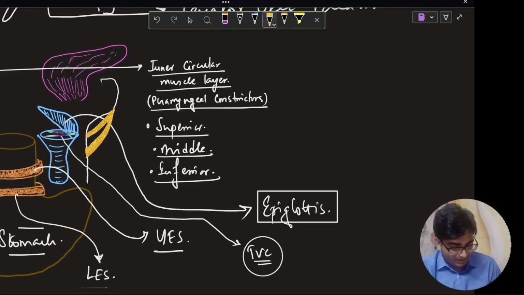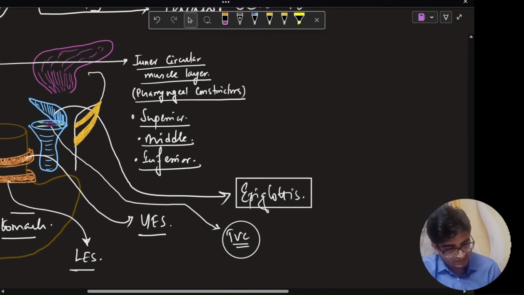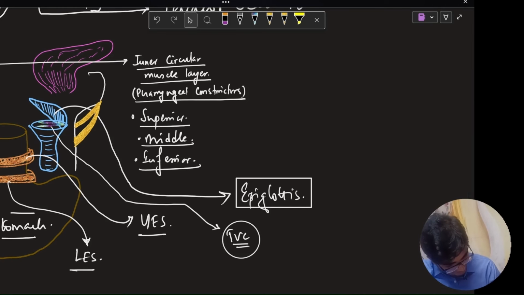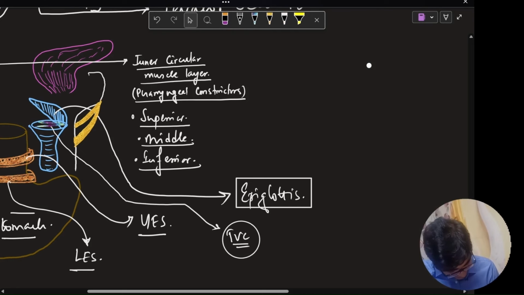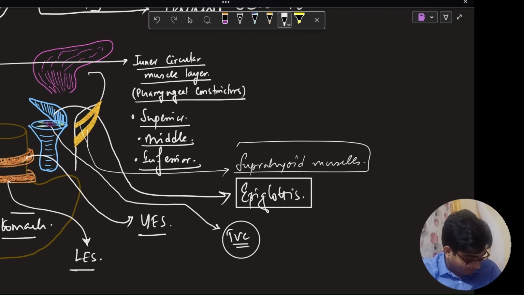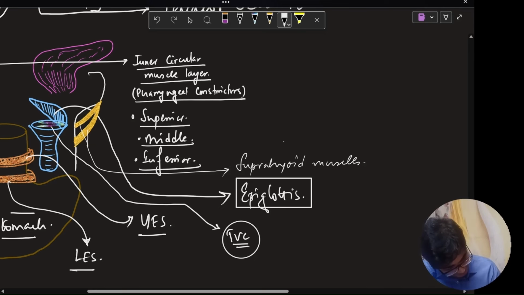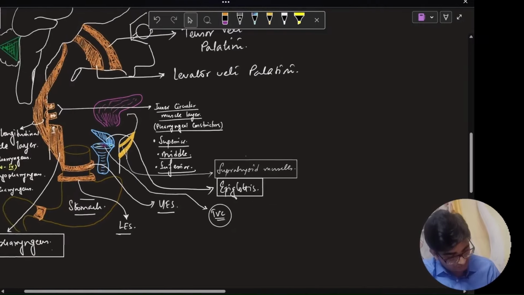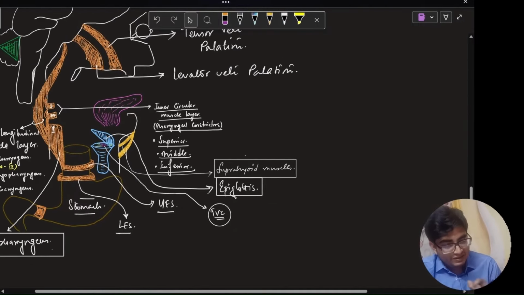Good. So these are the two muscles being seen, and these are actually the suprahyoid muscles.